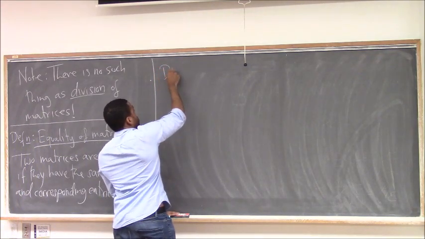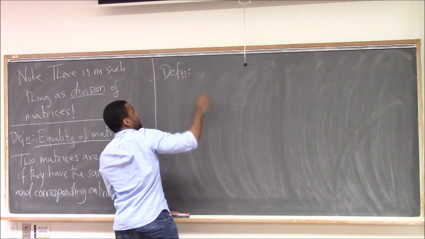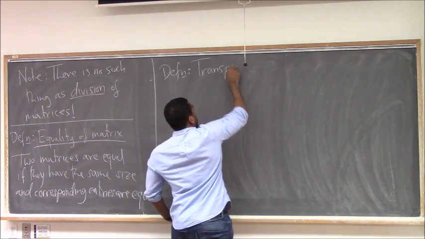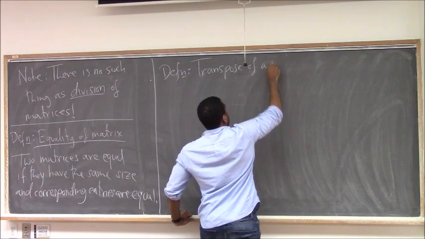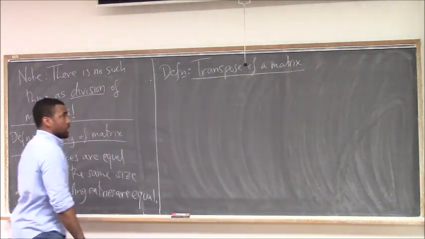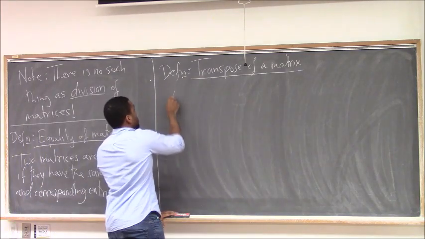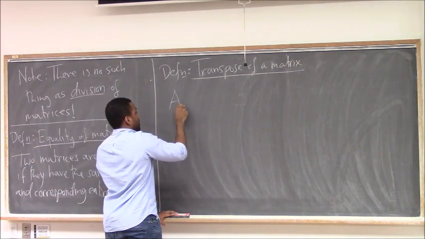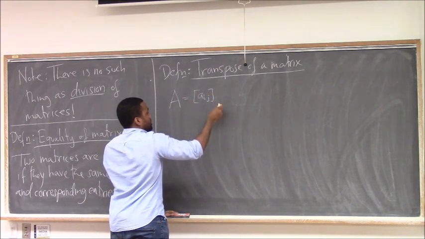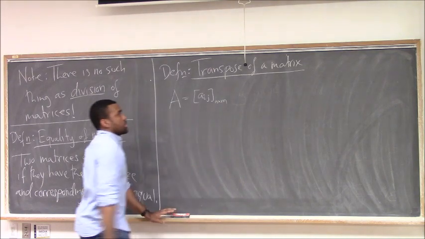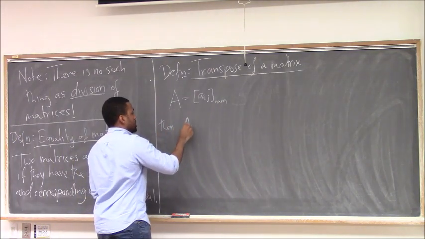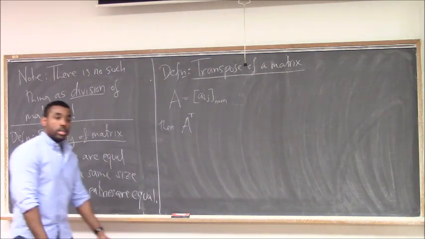There's also something called a transpose of a matrix. And I'll give you the notation for that. So let A, I'm going to define it this way. Let's say this is an n by n matrix. Then the notation is A with an uppercase T on top.